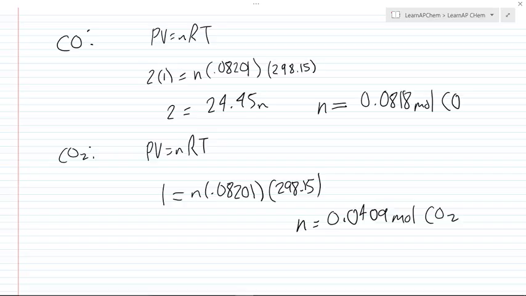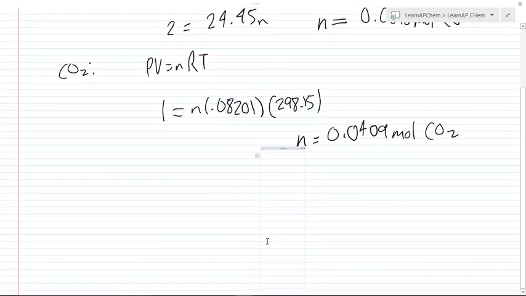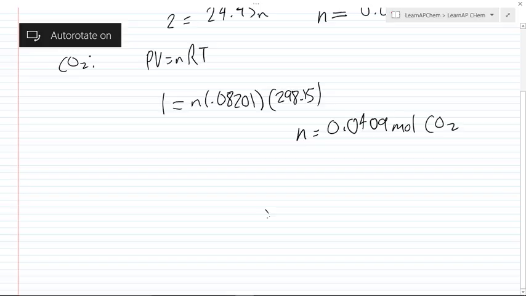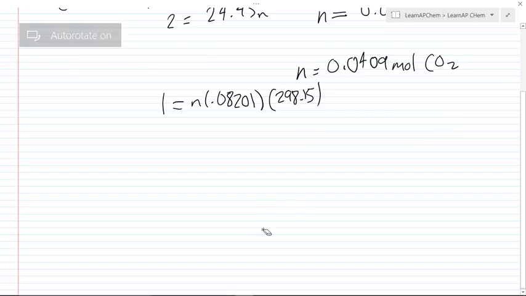And this problem isn't asking us to find the RMS speed of both. It's asking for a comparison.